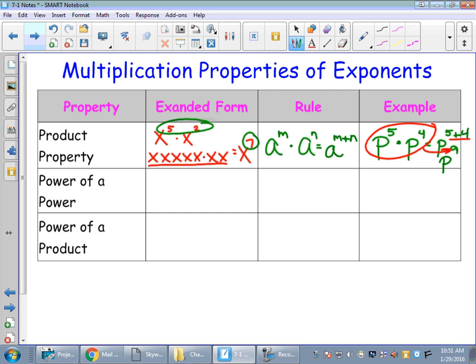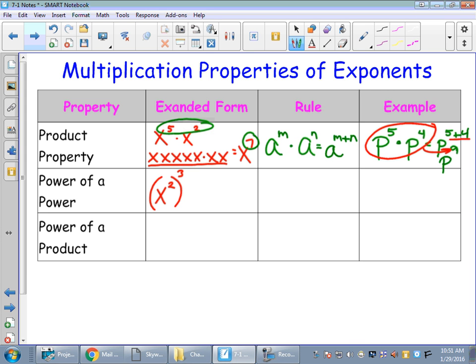Power of a power. A power is something raised to an exponent. So if you take an exponent and then raise it to another exponent, this is what we're talking about. If I have x squared, which is a power, and then I cube it, take it to the 3rd power, let's understand what that means.